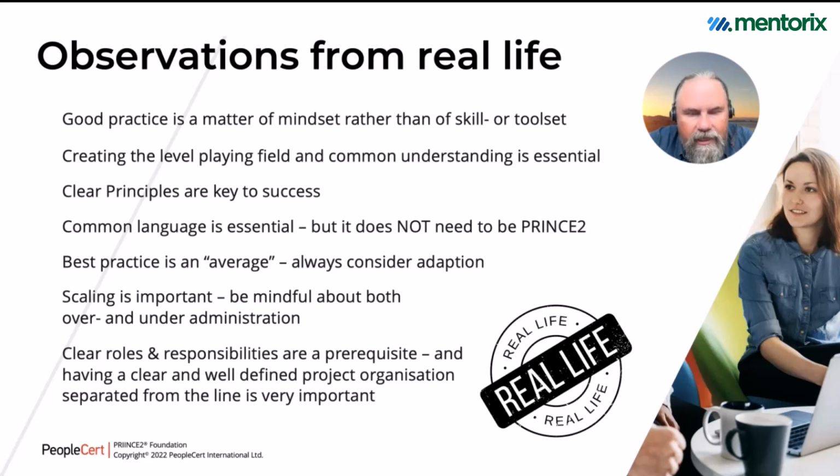Clear principles are key to success, and with that, my observation is that a good thing at the beginning of every project is to repeat and revisit the principles, not because they change, they don't, but because different project teams have different interpretations of what these principles actually are. So I always find it a very interesting discussion at a project kickoff to discuss, okay, these are some key principles.